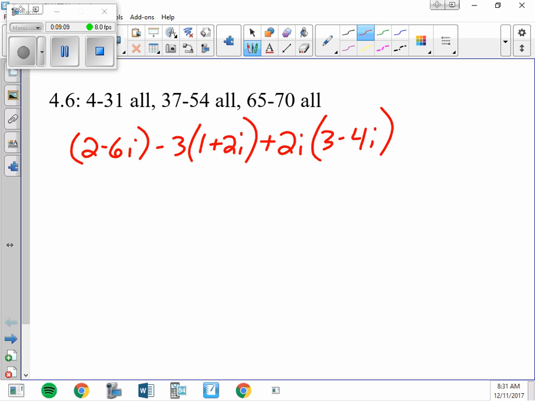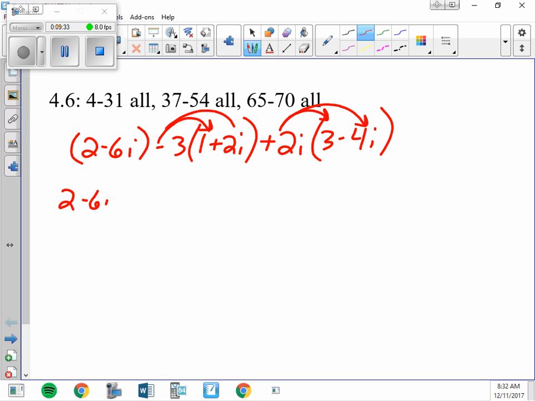We need to bring all of these together. What would you do first? Distribute the negative 3 and the 2i. So I'm going to put this in there, and I'm going to put this in there, and that in there.